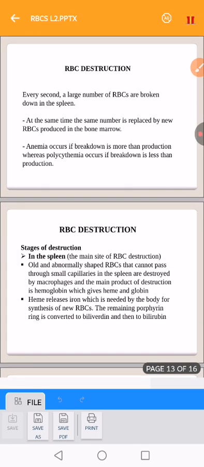So, RBC destruction. The first step is in the spleen, the main site of RBC destruction. Old and abnormally shaped RBCs that cannot pass through small capillaries in the spleen are destroyed by macrophages, and the main product of the destruction is hemoglobin, which gives heme and globin.